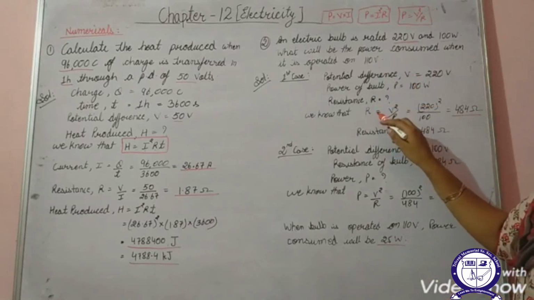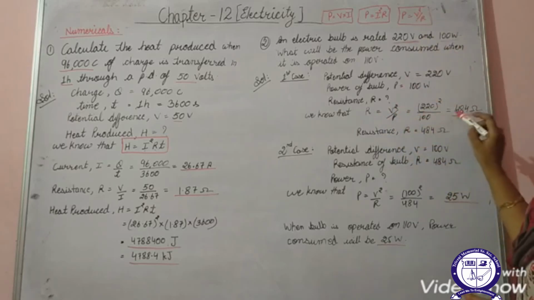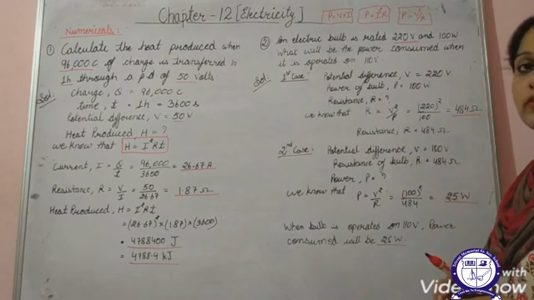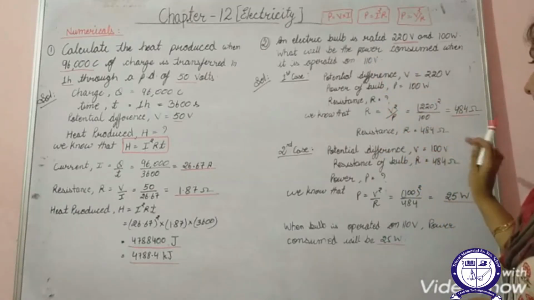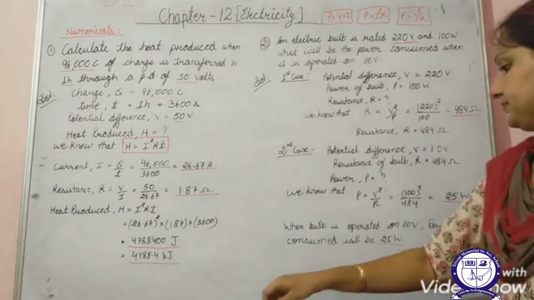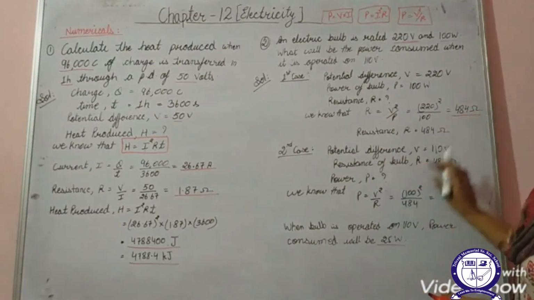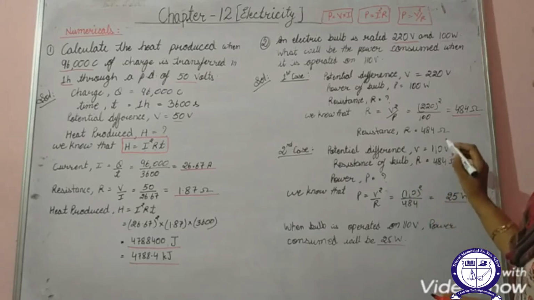Now R we will calculate from the formula R is equal to V square by P. On solving, we'll get it to be 484 ohm. This is the value of resistance of the bulb. Now in the second case, potential difference is given as 110 volt, and the resistance of the bulb we have calculated, that is 484 ohm.